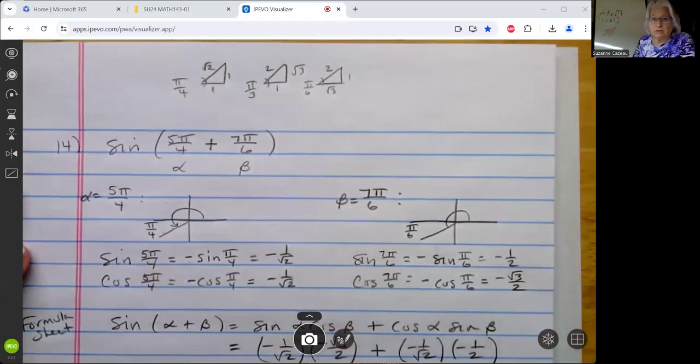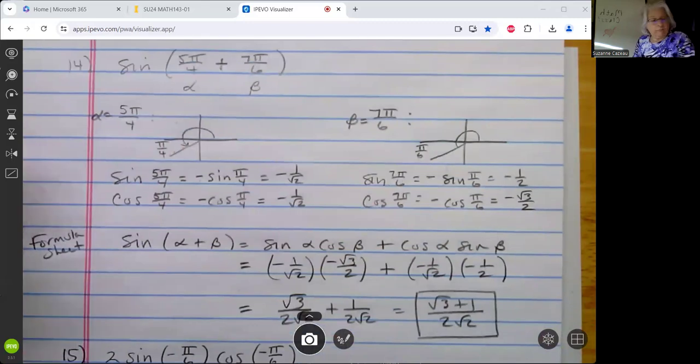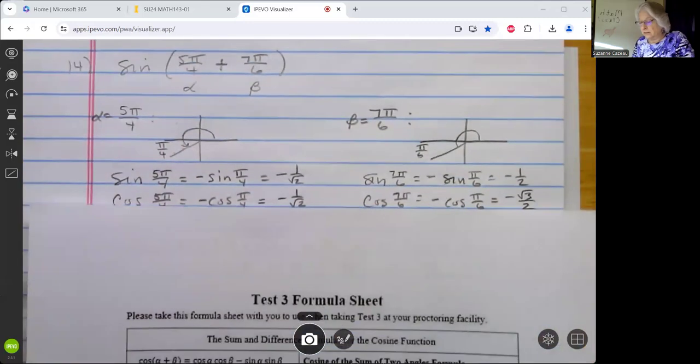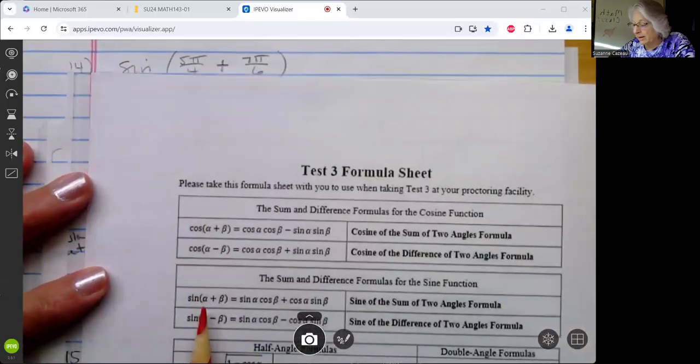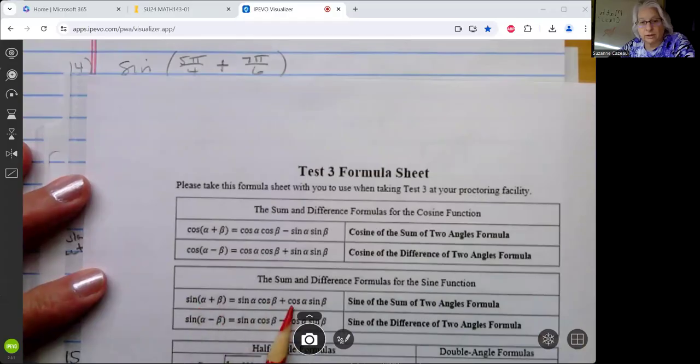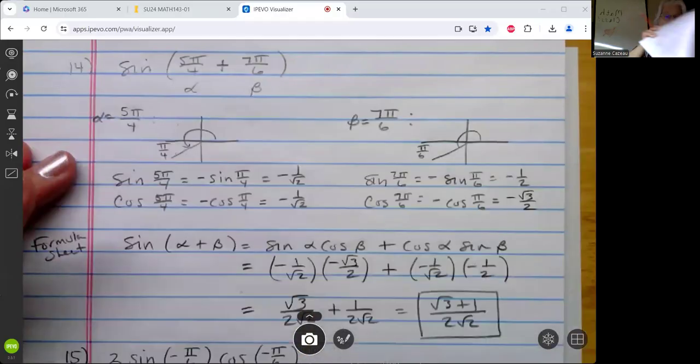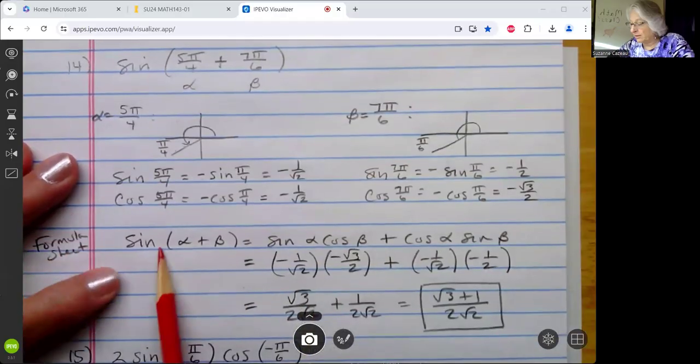And now I'm just going to use my formula sheet for the sum. I've got the sine of alpha plus beta. I've got this one right here. The sine of the sum. Okay, so sine of alpha cosine beta plus cosine alpha sine beta. And I've written it out here.